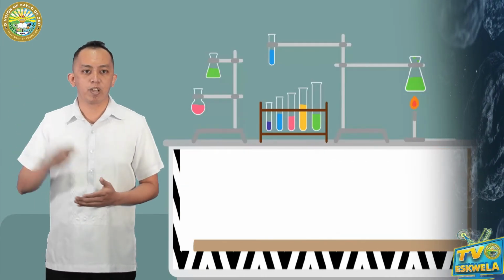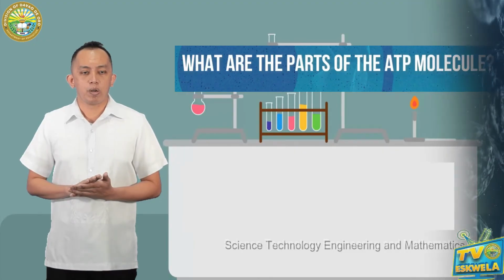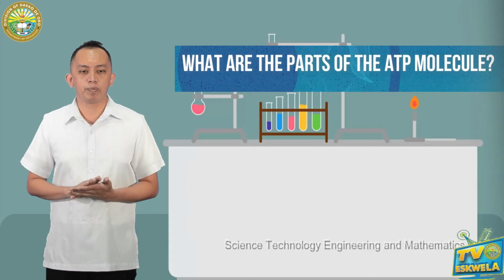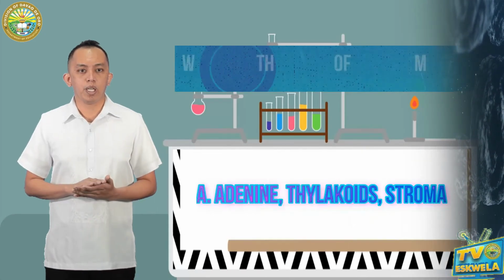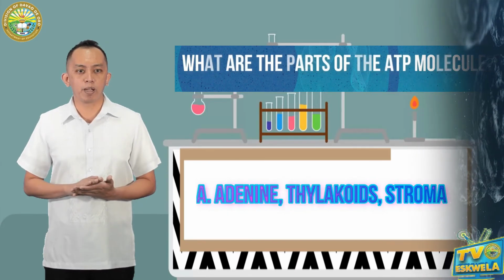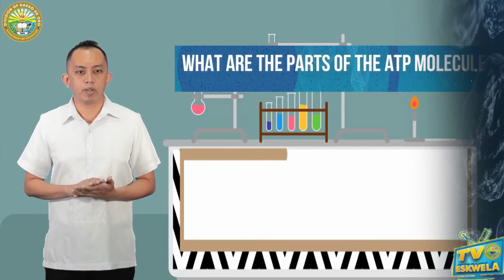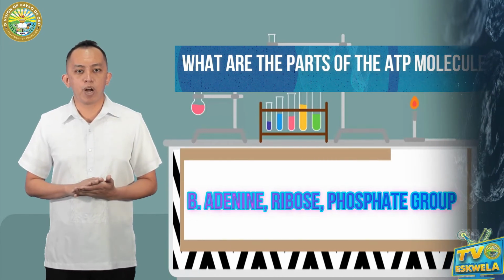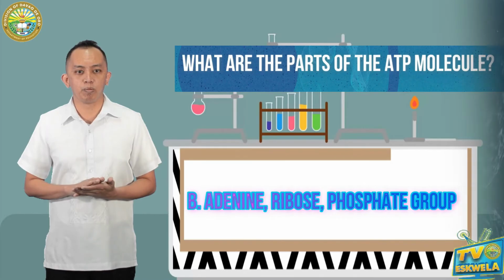Question number 5. What are the parts of the ATP molecule? Letter A, adenine, thylakoids, stroma. Letter B, adenine, ribose, phosphate group.